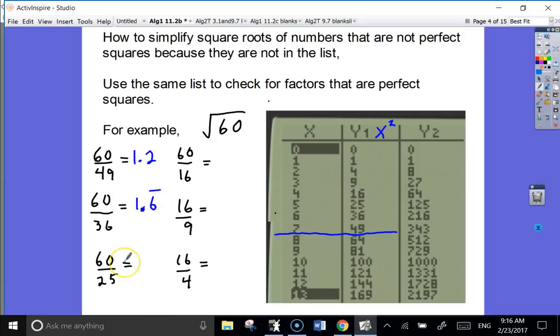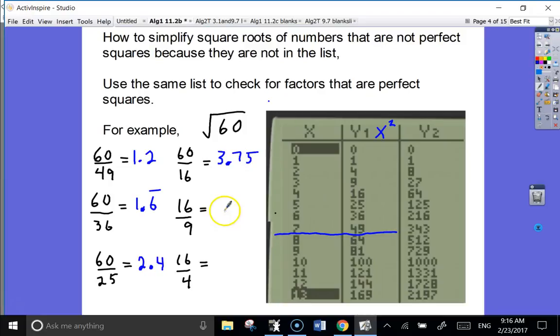How about 60 divided by 25? 2.4? Okay, how about 60 divided by 16? 3 point something.